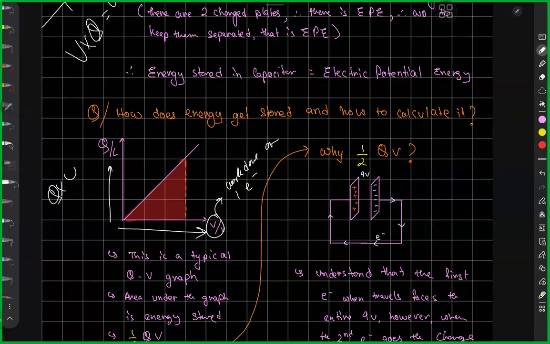But this is not the real equation, in the sense, if you take the total charge times the total supplied voltage, let's say 10 coulomb and 12 volt of potential difference supplied, and you say total work done is 120 joules. Nope. It is Q times V, but the area under this curve.